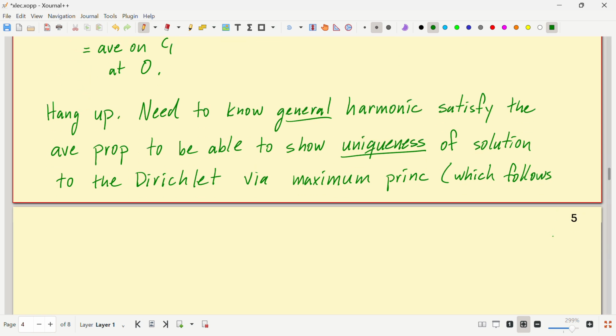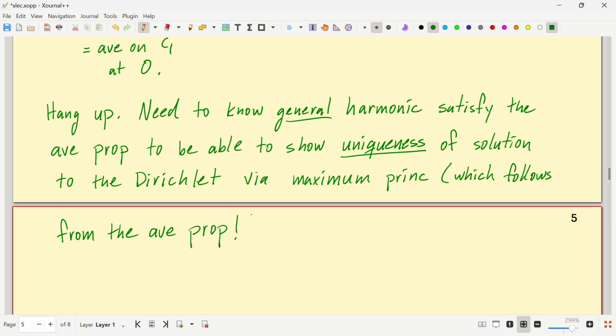So I would have to show it to complete this circle of ideas. Okay, so I'm not wasting your time with something historical. To complete the subject, I really have to do it.